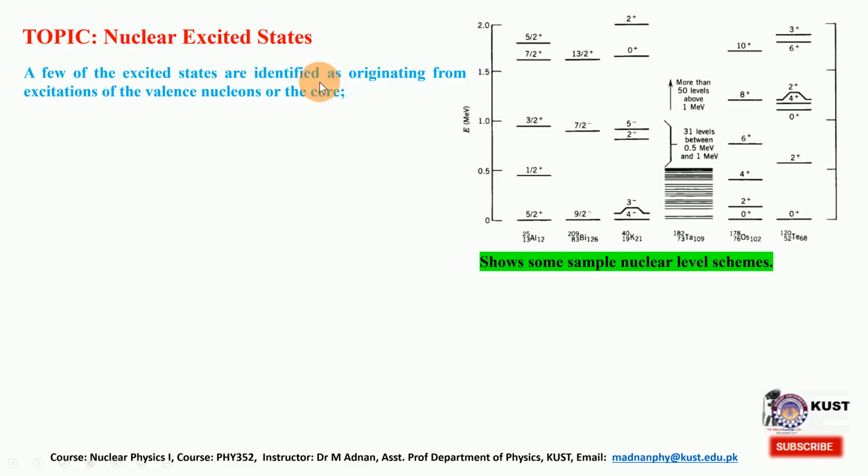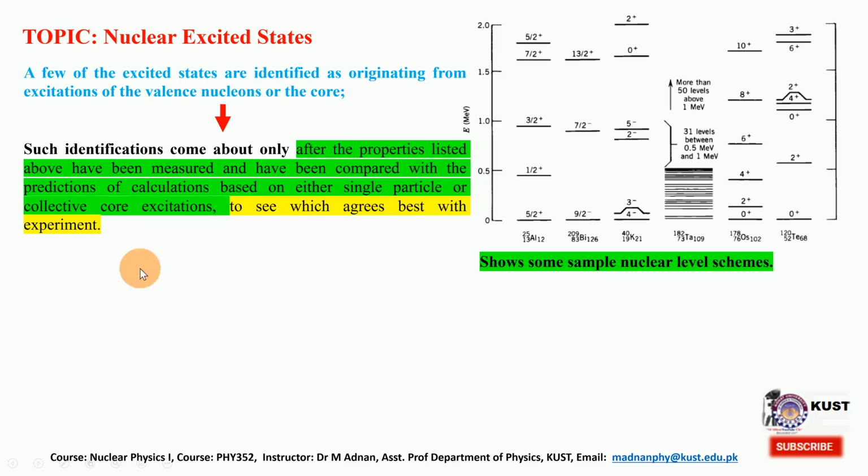As we have discussed, one can produce excitation in the paired nucleons, the core, and also some are identified as the valence nucleons. Now, such identification comes about only, as I told you, after the properties listed that we have discussed, the decay mode, the parity, the spin, and all those properties, have been measured and compared with the prediction of calculations based on either single particle or collective core excitation to see which agrees best with the experiments.